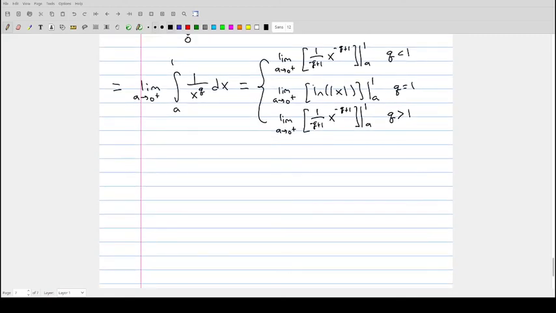So for this first scenario, when q is less than 1, this is the limit as a goes to 0 from the positive side of 1 over 1 minus q, times the limit as a goes to 0 from the positive side of 1 to the 1 minus q, minus a to the 1 minus q.